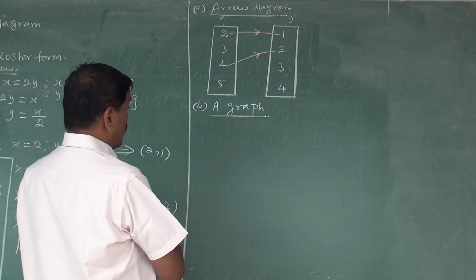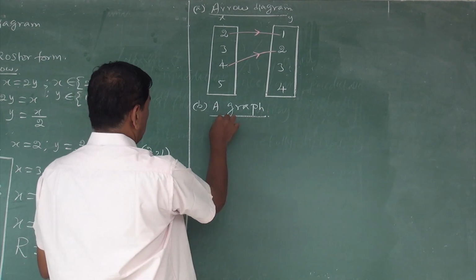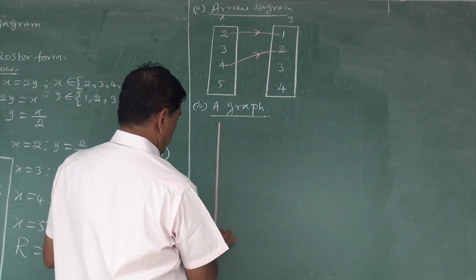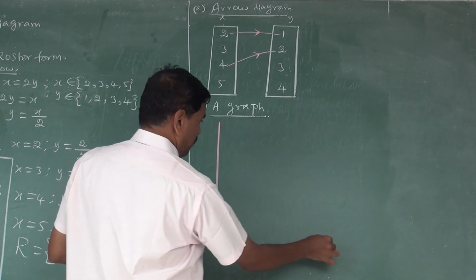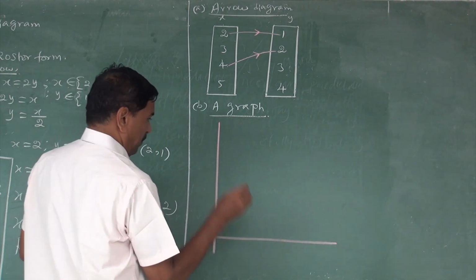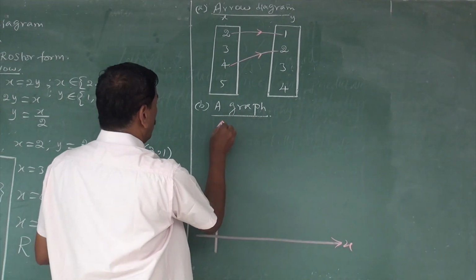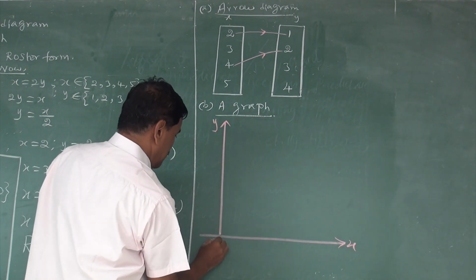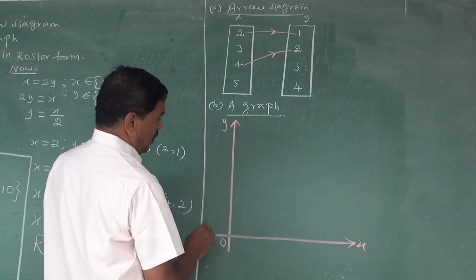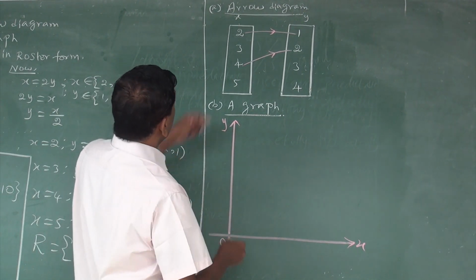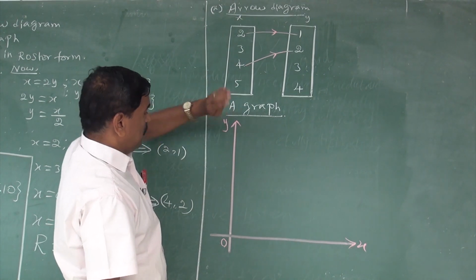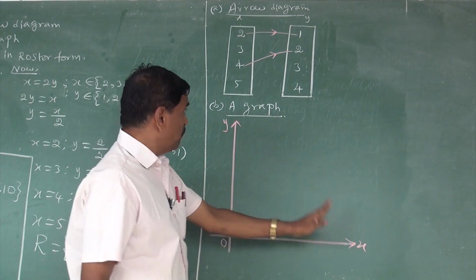Listen, the first quadrant graph is given by x-axis, y-axis, origin 0. Okay. Now plot the points. Here x can take the values 2 to 5. Okay, let us start from 0 to 5. It is enough.